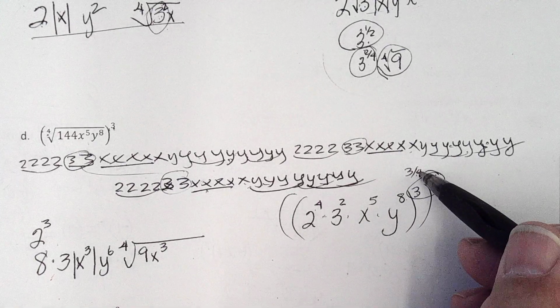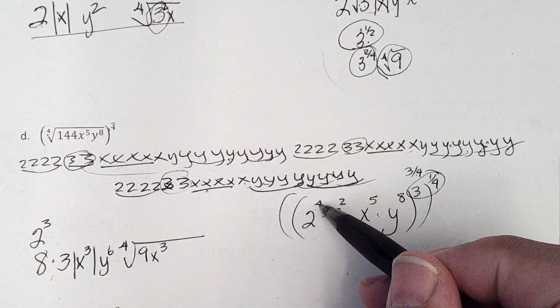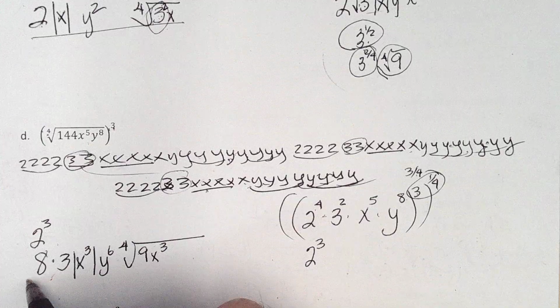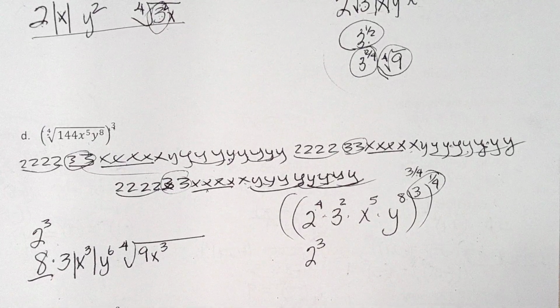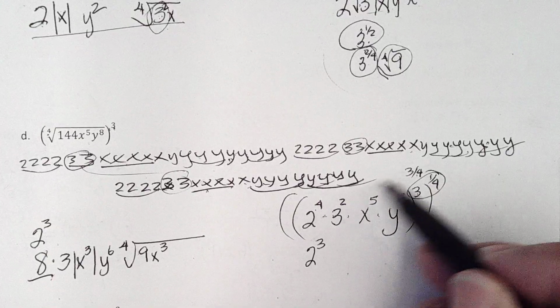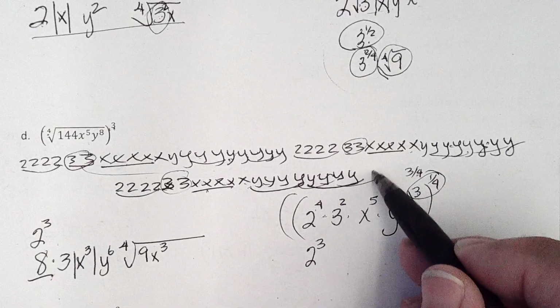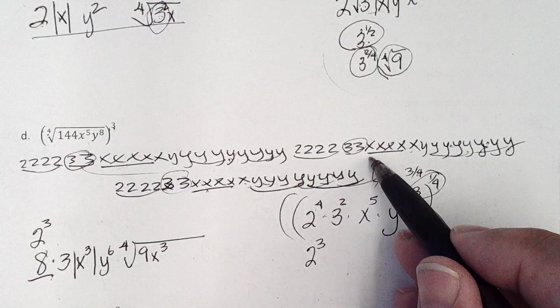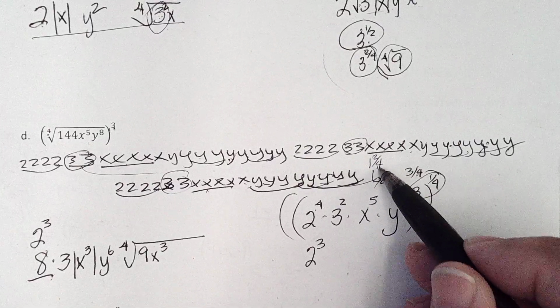So 3/4 times 4, 12/4, or 3. So I get 2 to the 3rd, which is 8. 3 to the 2 times 3/4 is 6/4, which is 1 2/4.